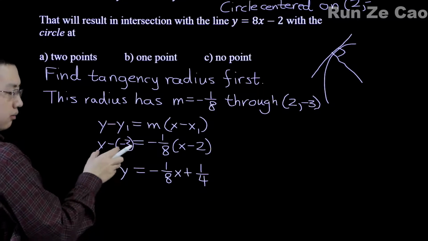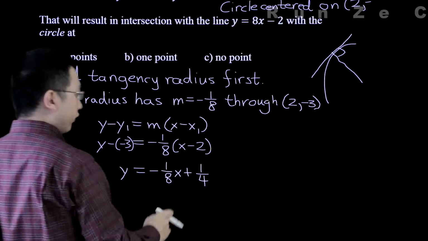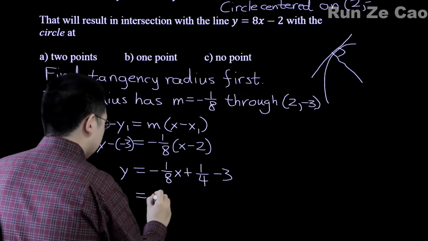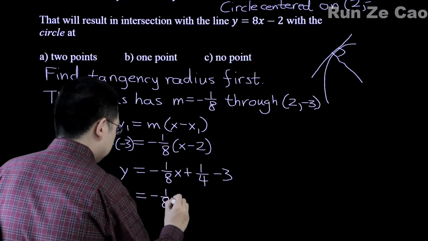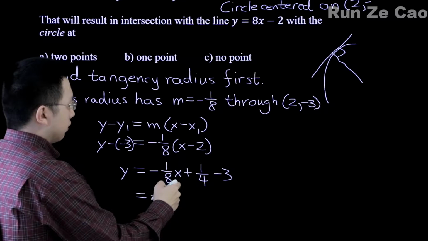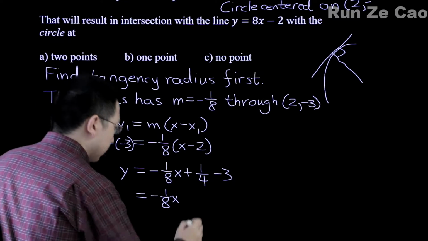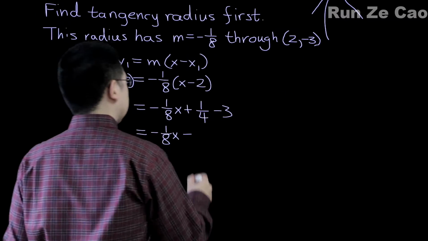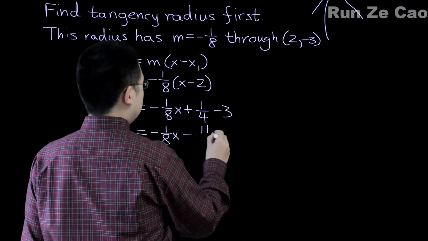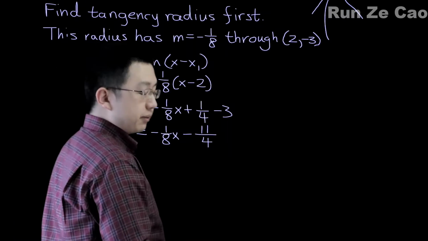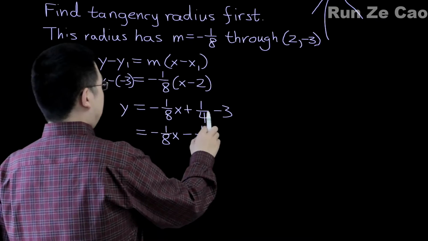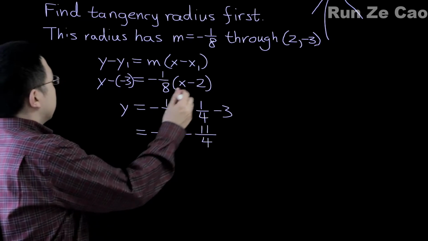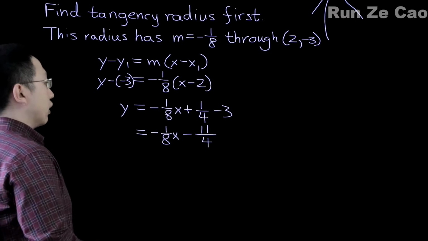And hey, minus -3 is plus 3. So move over and we get that equals -1/8 x plus 1/4 minus 3 is, we can write this as 11/4 if we so wish, which helps with subsequent operations because we don't have to convert between partial fractions and improper fractions anymore. So this is the line we're looking for.